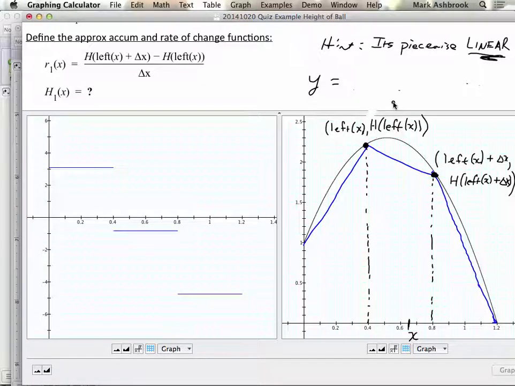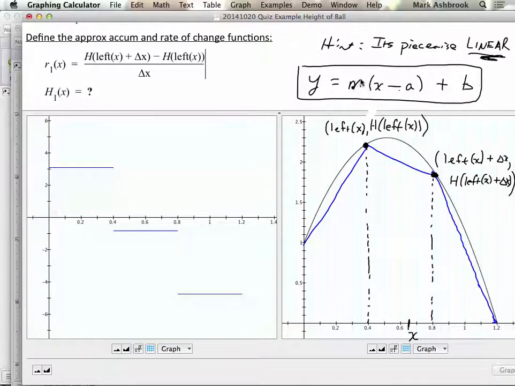Okay, what is point slope form? So we all should be able to write this down. M times X minus A plus B. Or K, if you want K. K or M. All right. So what will M be, or K, for any X value?